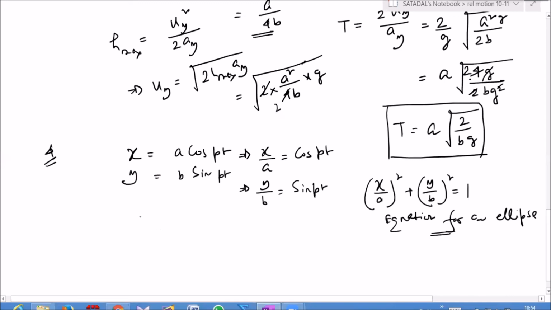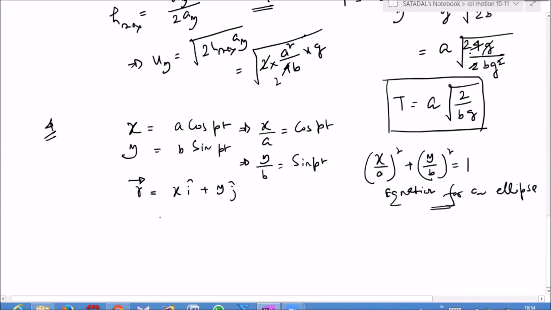Now, next, R vector. If I draw a position vector from any of the focus, it is going to be x i cap plus y j cap, right? So x is equal to how much? A cos PT i cap plus B sin PT j cap. That is R vector, right?